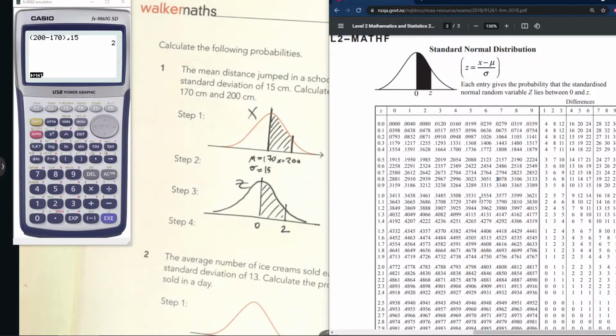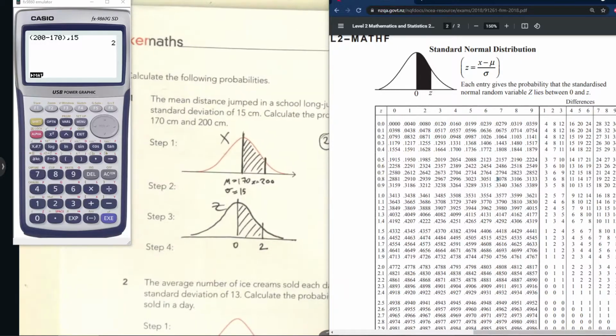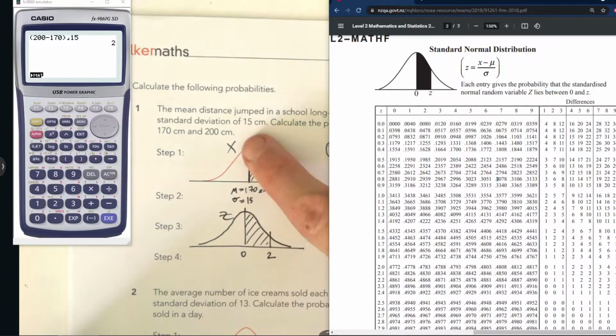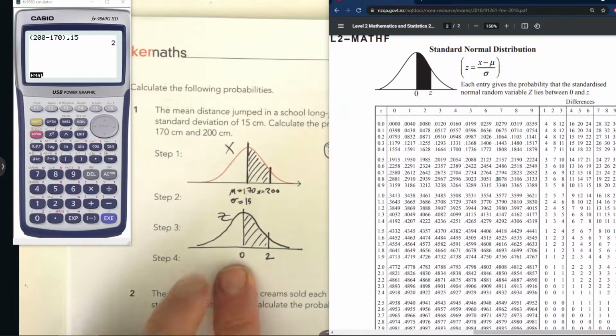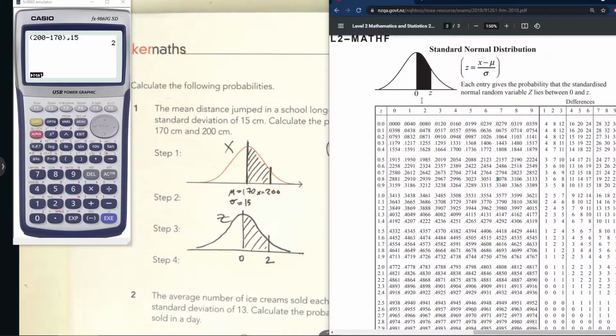Nice. Okay, what I want you to notice is that we've transformed X into Z, and this is exactly what we are looking at up in this picture here. It's between 0 and our little z value.